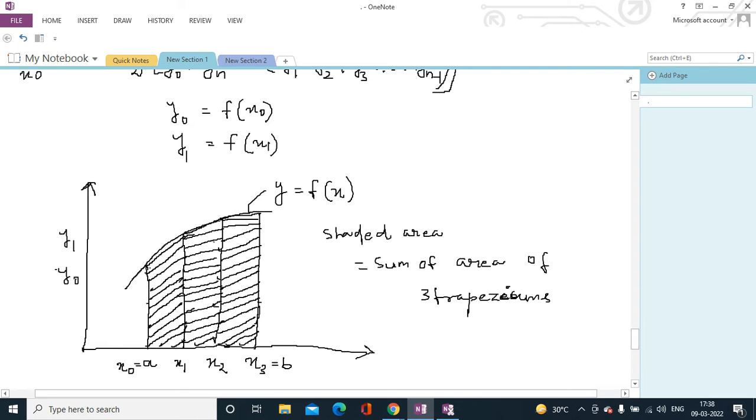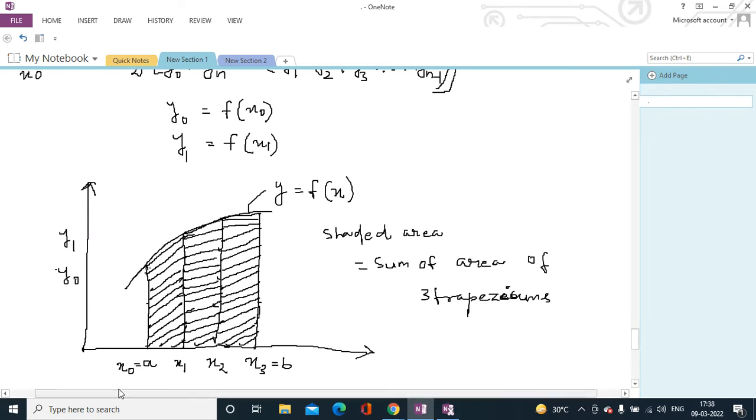While drawing the graph or the curve y equal to f of x, we are taking the interval from a to b and we are doing the integration from x0 equal to a to x3 equal to b. So as per the trapezoidal rule, the integration should be y dx, so it has to be the shaded area under the curve y equal to f of x.